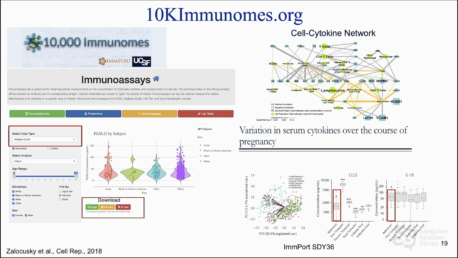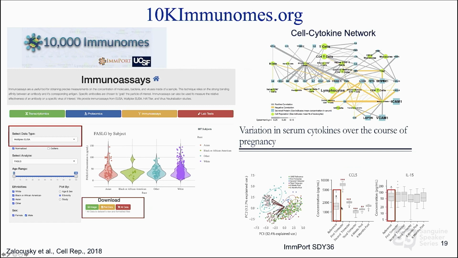However, what we observed was that the study design did not incorporate a pre-pregnancy control. As you can see here, they had the data from first trimester, second trimester, and then 6 months postpartum. So they had all these data, but they didn't have any data before pregnancy. So pre-pregnancy data was missing.